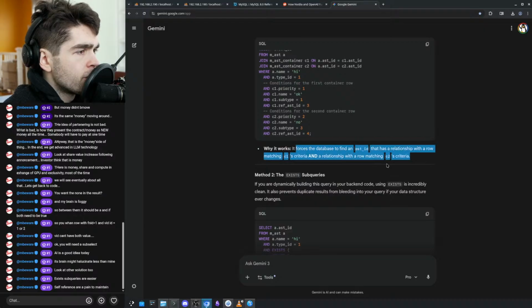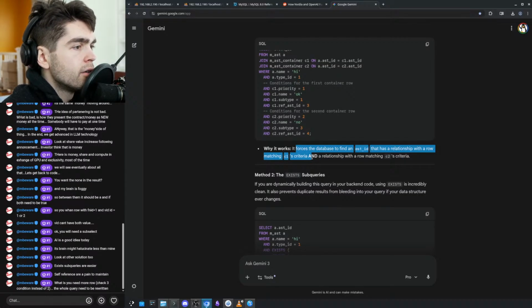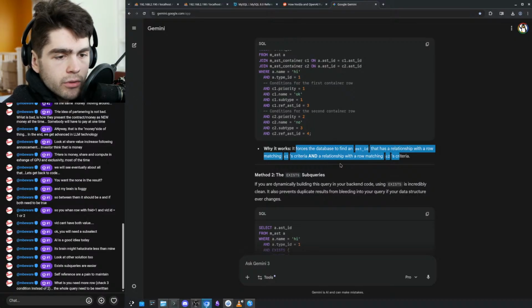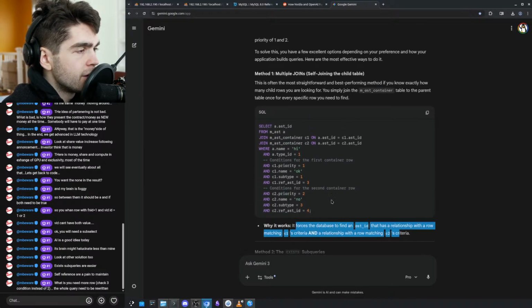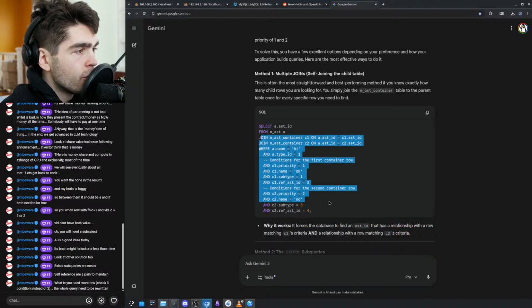Why it works. It forces the database to find an ASTID that has a relationship with a row matching C1's criteria and a relationship matching a row. Alright, that makes sense to me. What if you need more rows? No, it doesn't need to, right? Because right now you're assuming that I'm writing the query. I'm not.